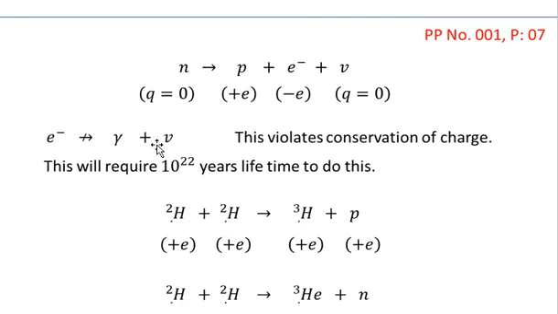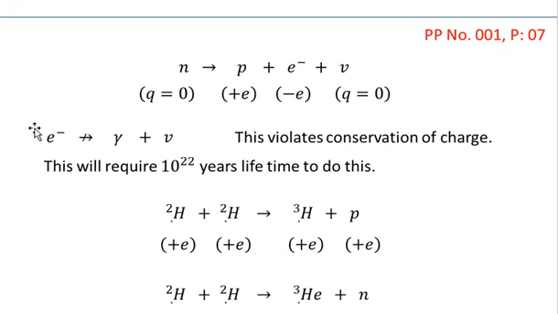Now let's discuss another equation. This is the electron. This arrow indicates that the electron may decay into a gamma ray plus a neutrino. And this arrow has been cut, which indicates that the electron cannot decay in this way because this would violate the conservation of charge.